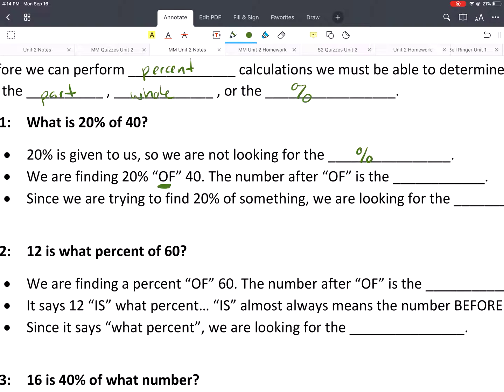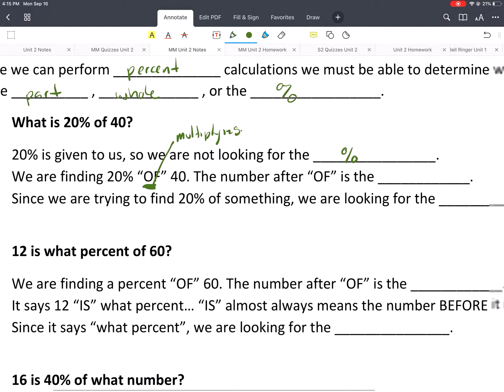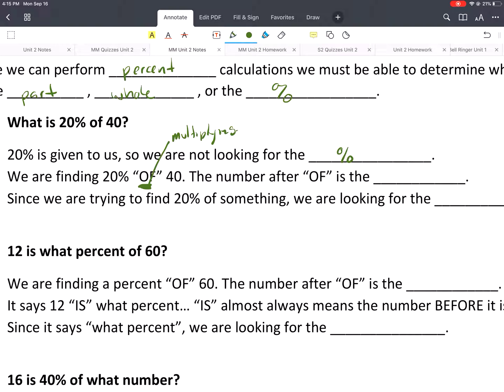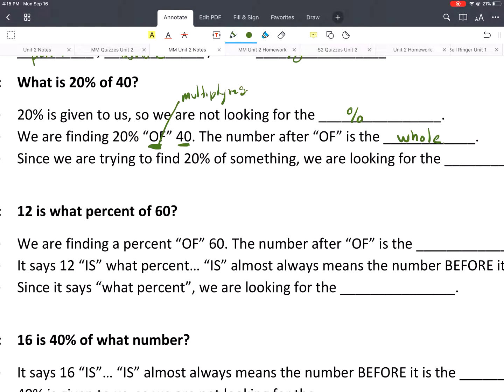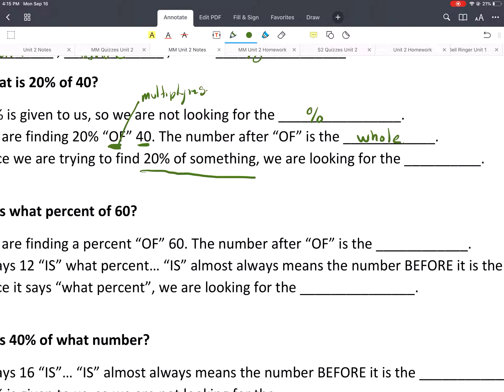Oftentimes when we're using of, that means we're multiplying. We'll multiply 20% times 40. That number after of, which here is 40, is always going to be the whole. So if we want 20% of 40, 40 would be the whole, and we want to find the part. Since we're trying to find 20% of something, we're looking for the part.